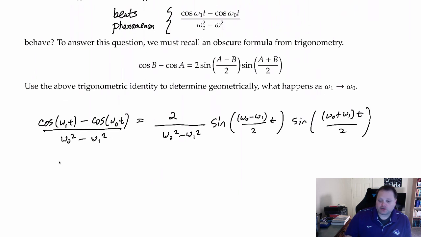So you end up with actually 2 oscillations here. This thing is actually composed of 2 different oscillations. It has one oscillation that's kind of small because we're thinking of omega 1 and omega naught being close to each other. So if omega naught and omega 1 are close to each other, this is a very small frequency oscillation.